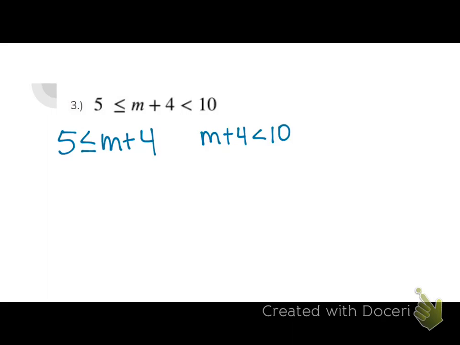Split it up into 2 problems. To solve both of these, what are we going to have to do? Subtract 4 on both sides. And the one on the left, again, we're going to have to flip it around so that our variable is on the left side.